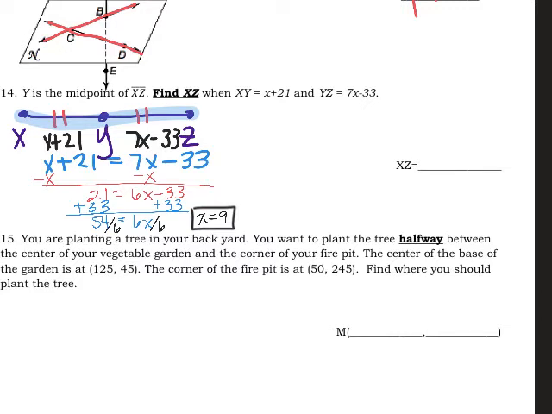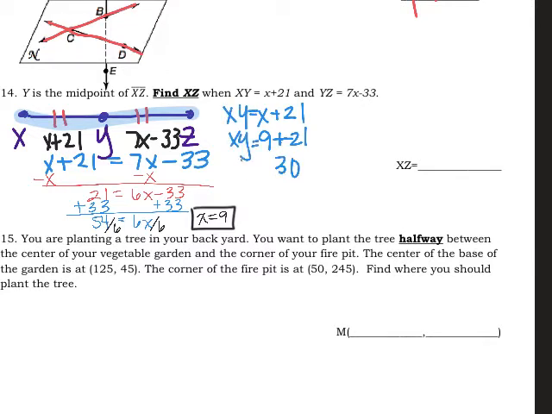So we're going to plug it into one of them. And I want you to do it into the one that you find easier to plug into. Should I do x plus 21 or 7x minus 33? I would pick x plus 21 because I'm just adding 21. So 9 plus 21 is 30. Now this was x to y.